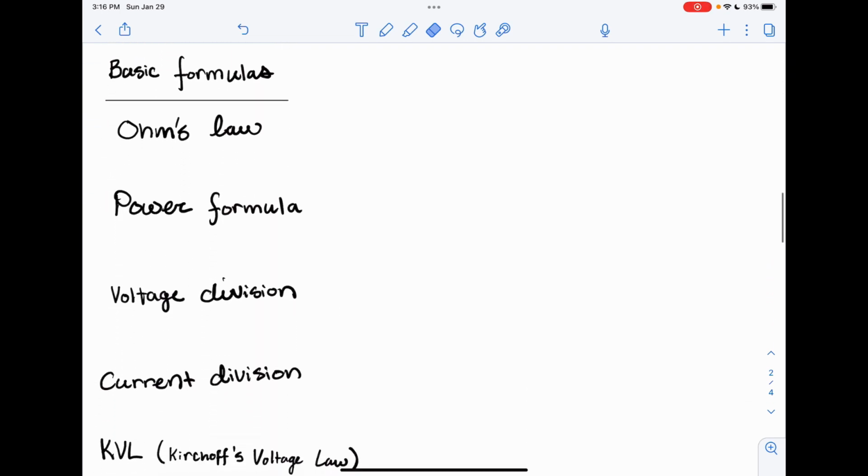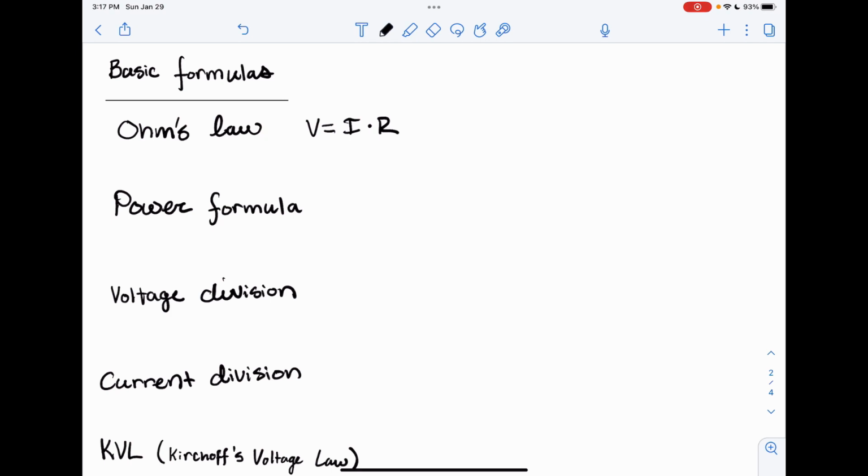Now let's get some basic formulas out of the way. Start with Ohm's Law. It's the crux of all electrical engineering. And it goes like this: V is equal to I times R. Voltage is equal to current times resistance.